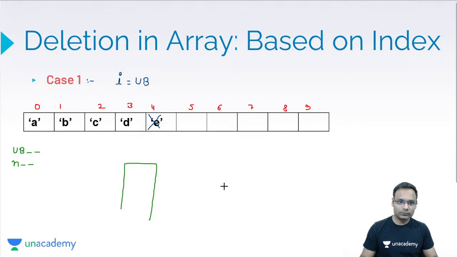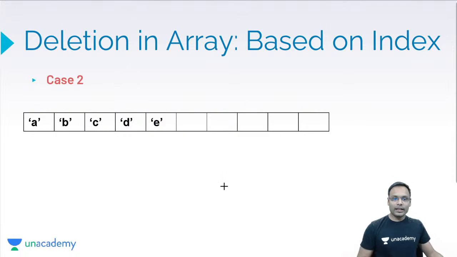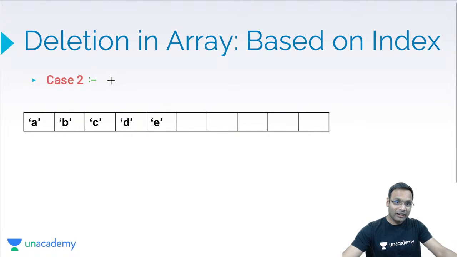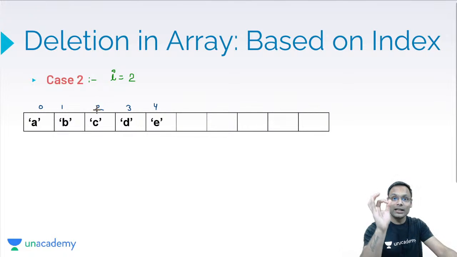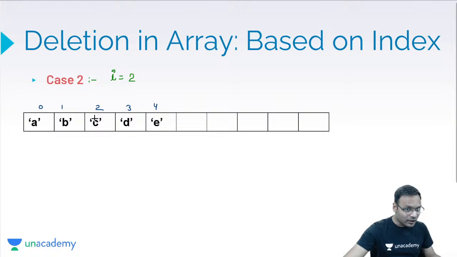Now if suppose case number 2, suppose I have given I is equal to 2, some intermediate value, this, what should happen here? In this particular case, I'll have to delete the element at index 2, which is C. So if C is deleted, I can't keep D and E here, and I cannot keep this particular space empty.